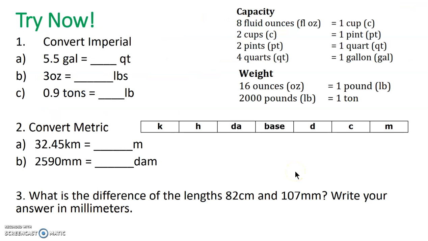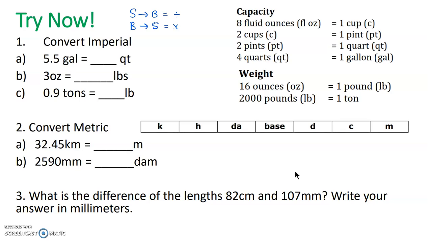Now you can pause the video and review some of the concepts we've learned in these lessons. For number 1, you're going to convert these imperial measurements. Remember that if you're going from small to big, you're going to divide, and if you're going from big to small, you're going to multiply.